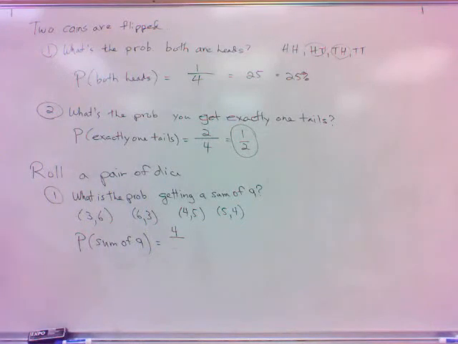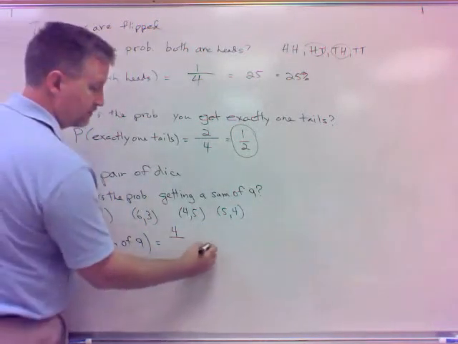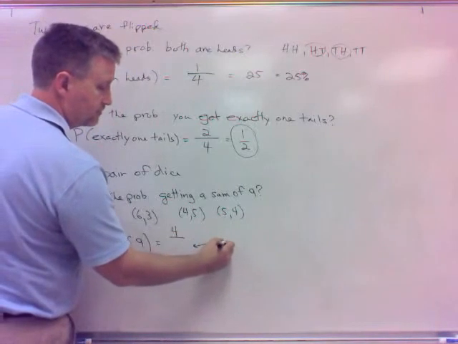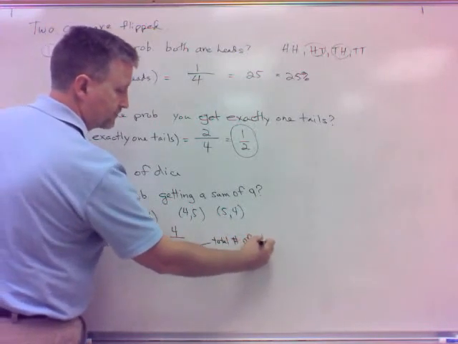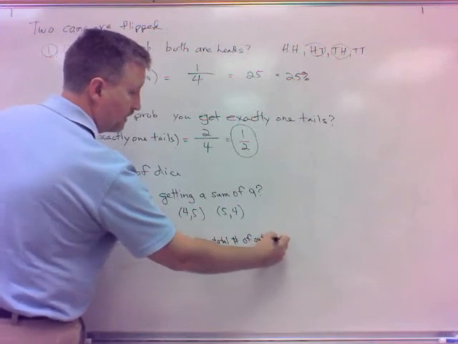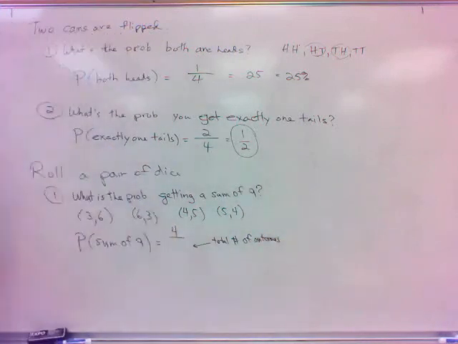The total number of outcomes. The one on top is how many successes there are. Now if I listed all of them out, how many of them are there? Well, we did that too.